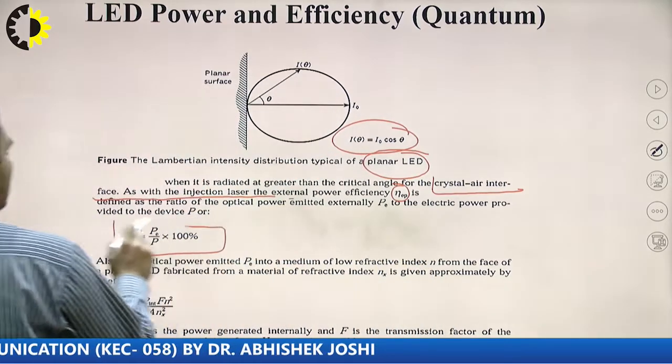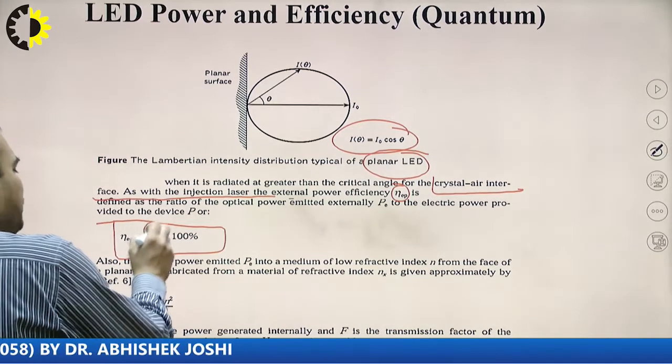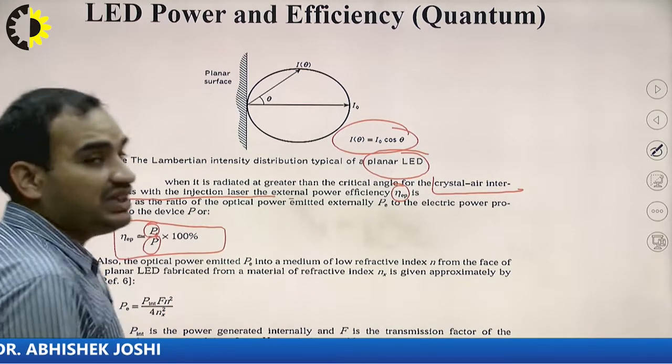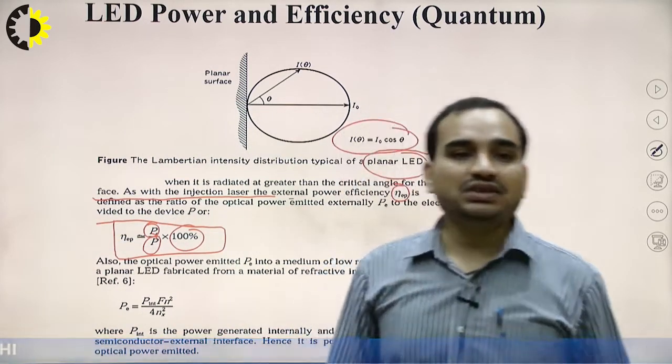Eta EP is given by the power emitted externally, PE, divided by the device power, P, multiplied by 100, in percentage.